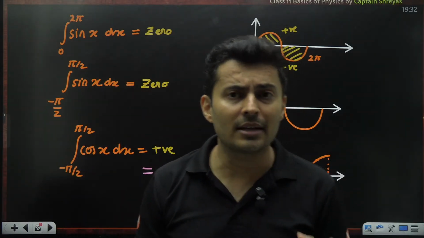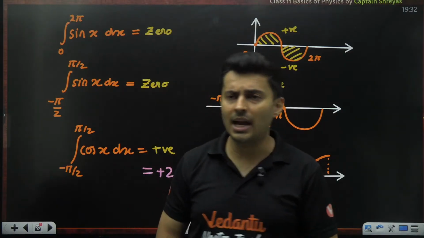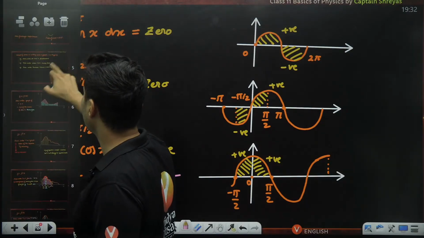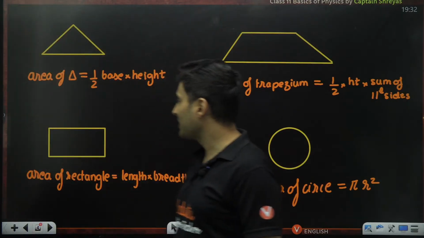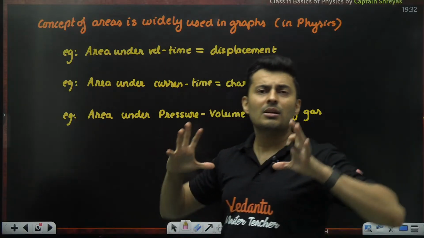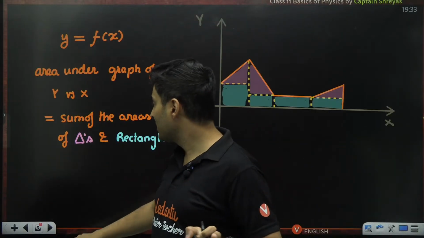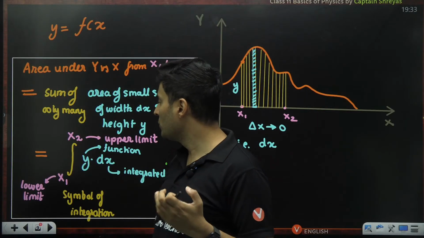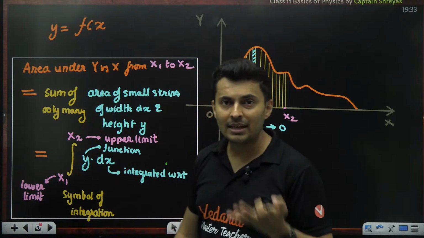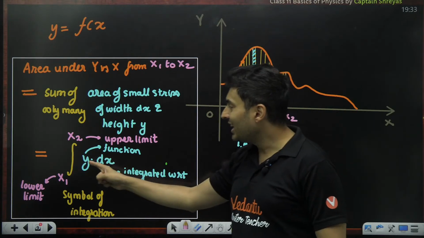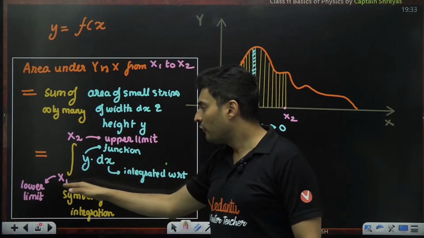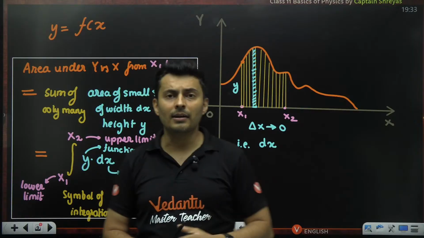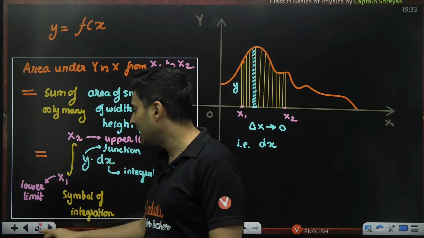So we saw that for geometrical figures, we easily have the formulas to calculate the areas, which I showed you at the beginning itself. But in physics, we need to find the areas of curves for various reasons, and we cannot use our traditional methods. So that is why we developed a new process called integration. In this integration, you integrate a function with respect to x from a location to another location between which you want to find the area. This method is called definite integration.